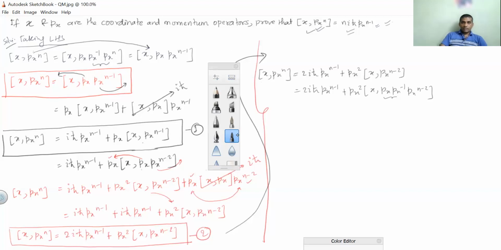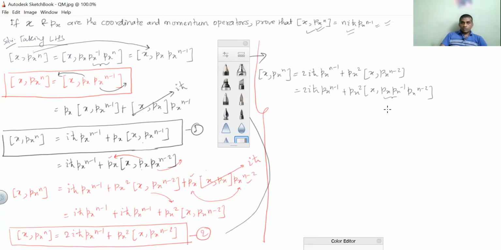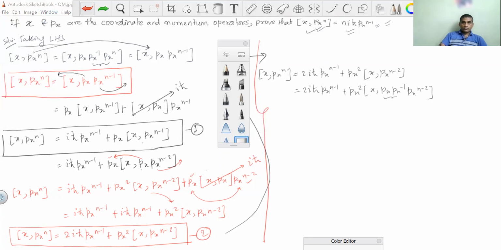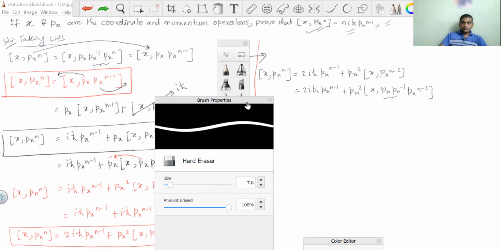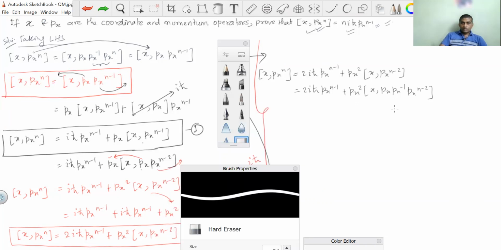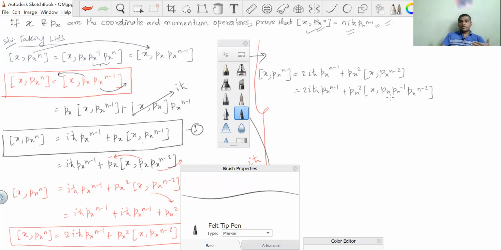Now, as I said earlier, these two terms give the value 1. So let us associate these two.